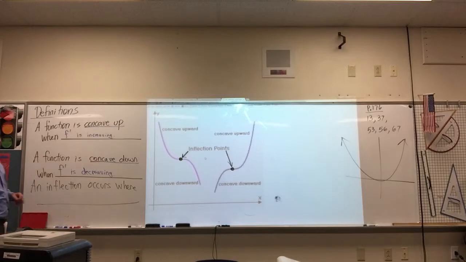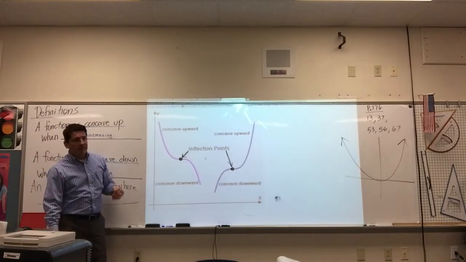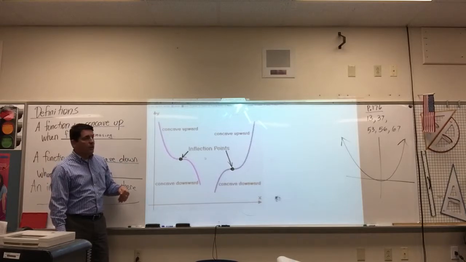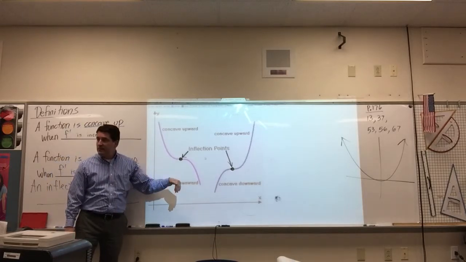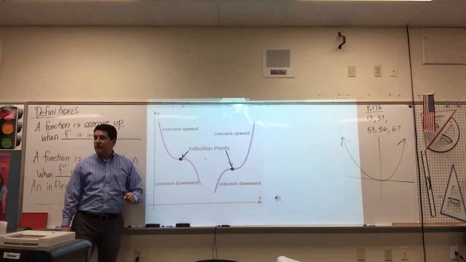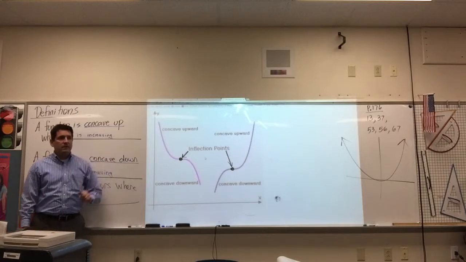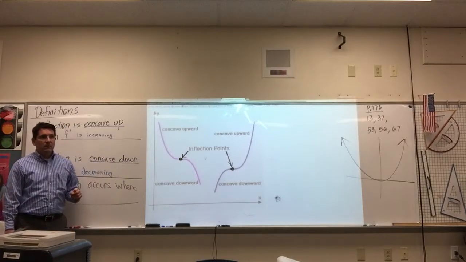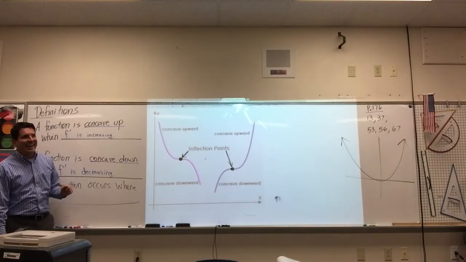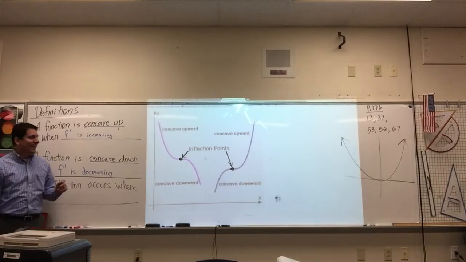Okay, you hear how he said that? Where f prime changes from increasing to decreasing or decreasing to increasing. Okay, that's one way that you can say it. That's a valid reason. Give me another one. Would that be where f double prime is 0? Yes. I beat you to it.